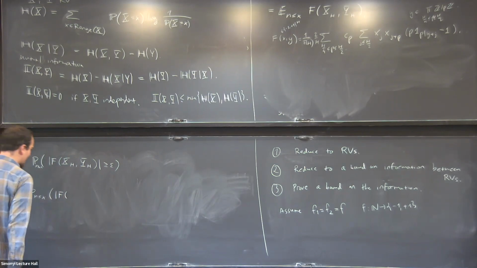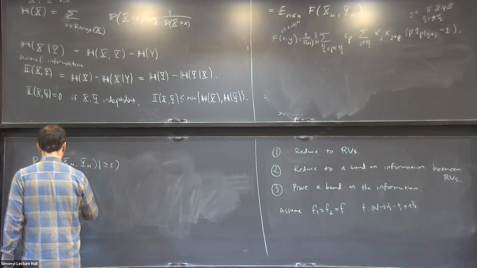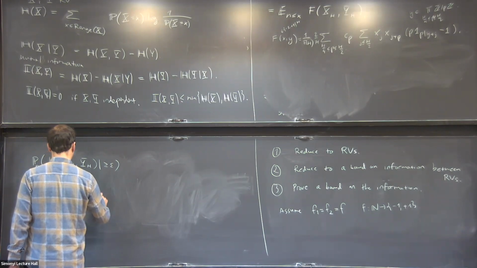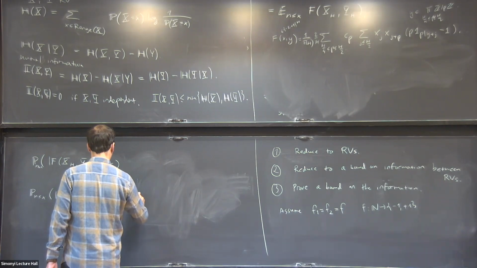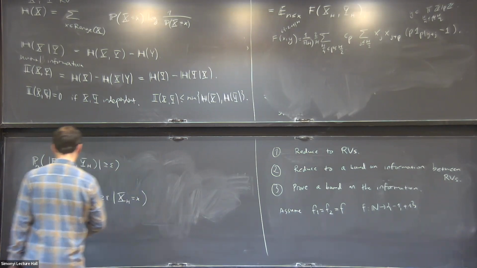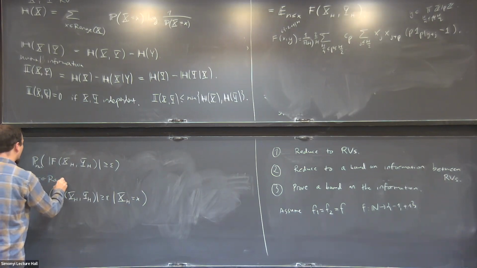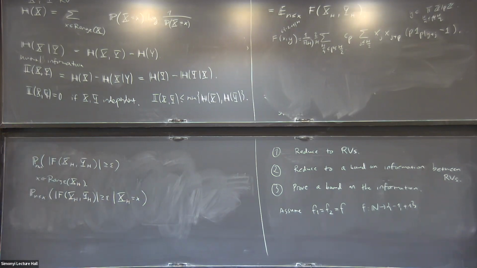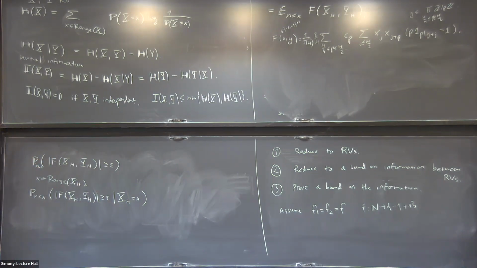If you fix x_h to have a given value, okay, so if you fix some element in the range of x_h, and you look at the probability that is large given the value of x.